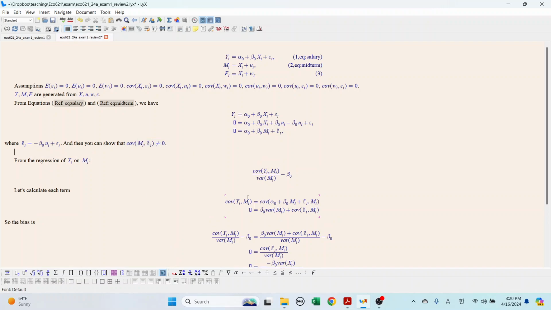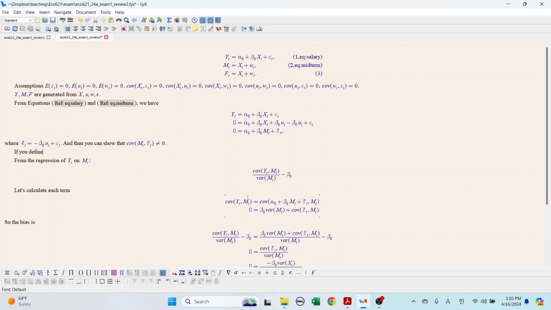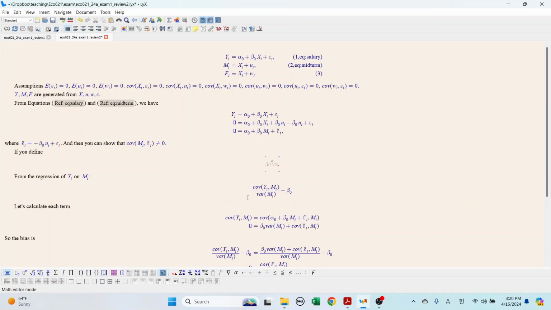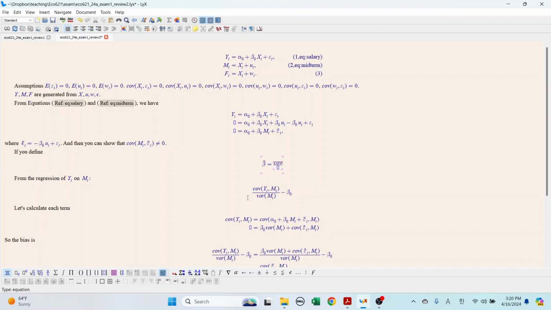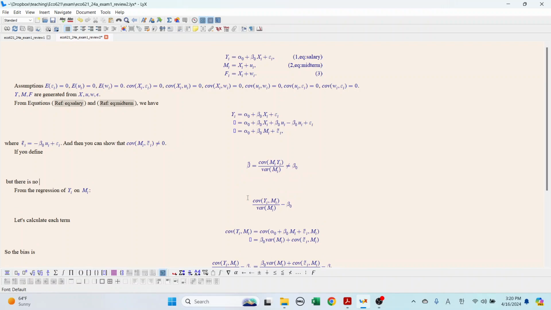Or it is possible that you may define tilde beta this way. Then this is different from beta 0, but there is no endogeneity problem. So it is up to you.